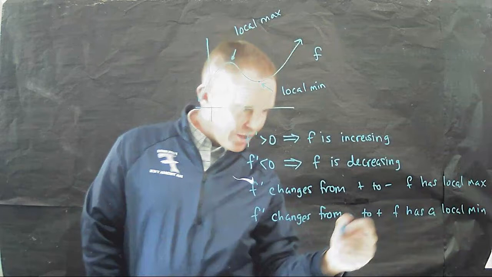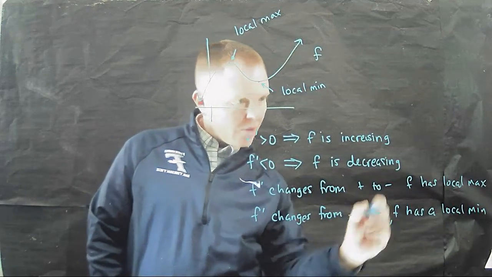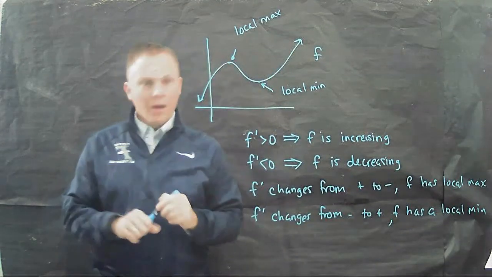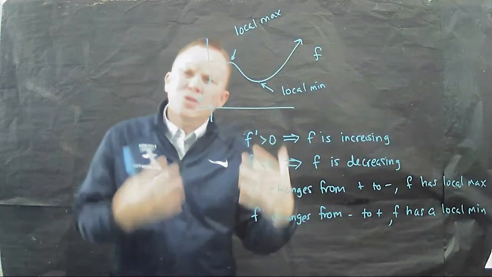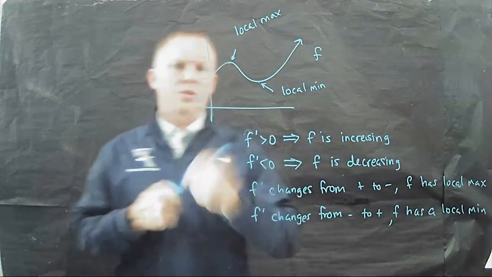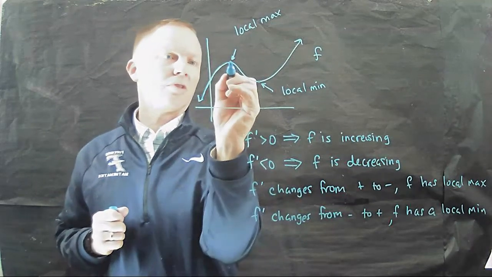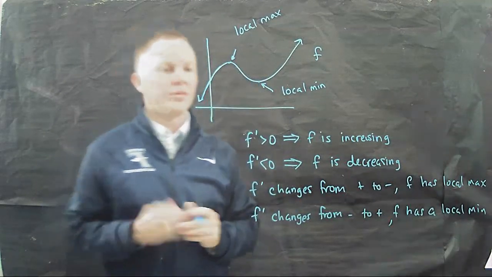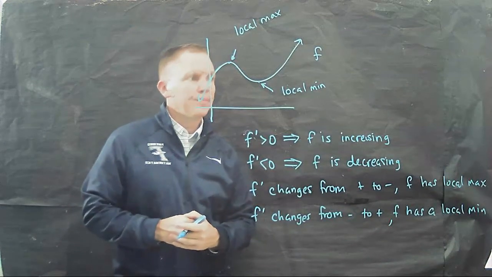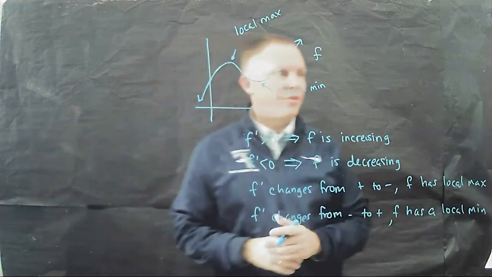So these ideas we have had some discussions about in the past. Where this function's increasing, the derivative is positive. Where this function's decreasing, the derivative is negative, and so forth. So we've seen that idea before.